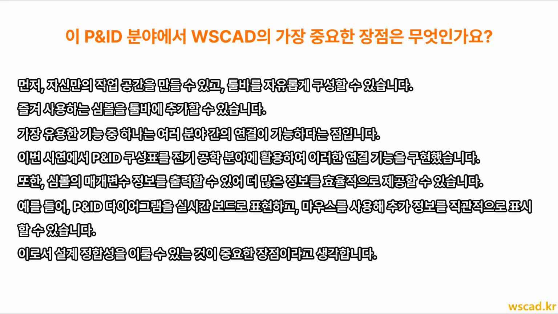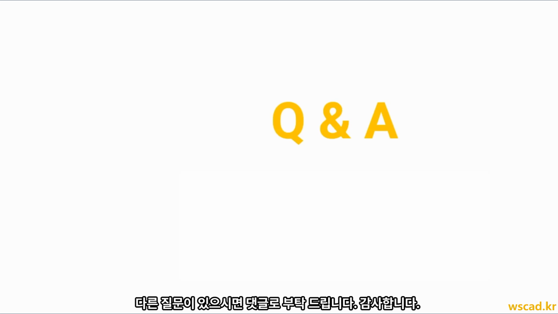And at the end, I think it's also beneficial that you have this possibility of output with symbol parameters, so you have much more information. Maybe you can represent your P&ID diagram in some interactive board, and let's see if any other questions pop up.